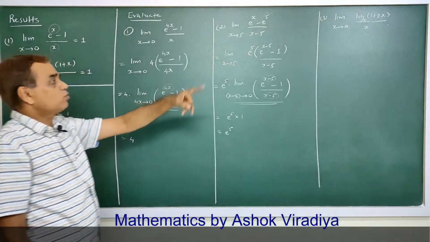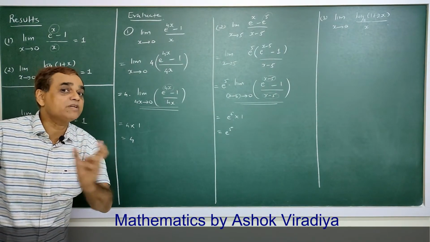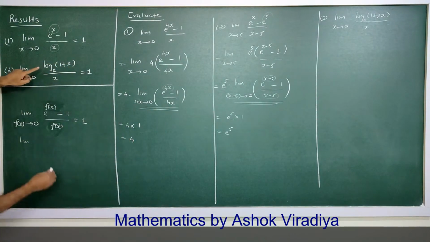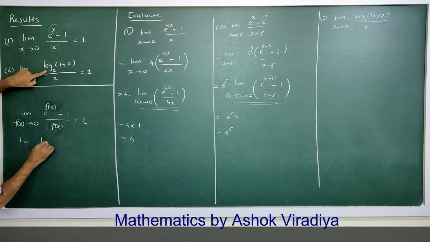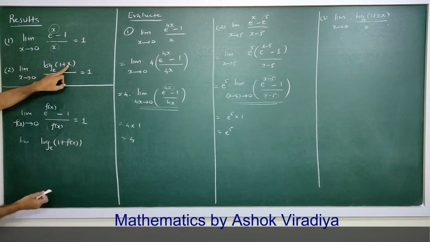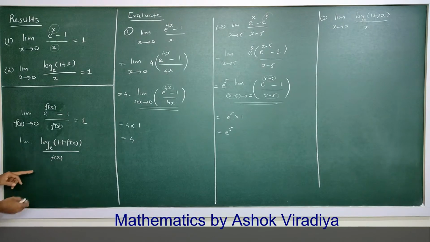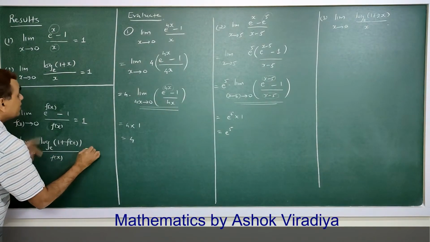Now in the third question, as we discussed this rule, similarly here x can be replaced by any function of x. So here, the limit of log of 1 plus fx upon fx, where fx tends to 0, is equal to 1.